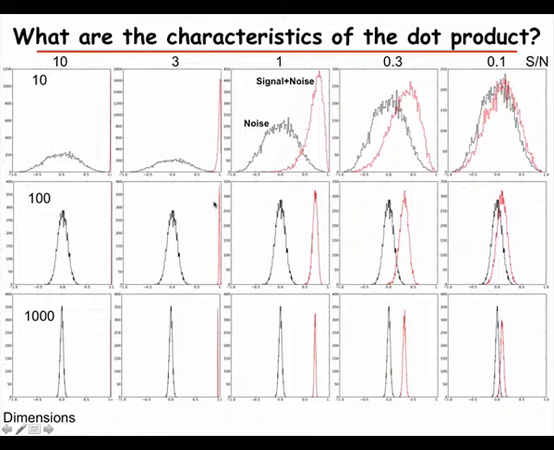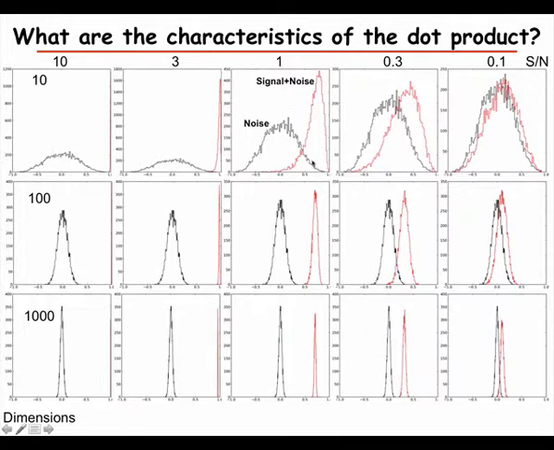But what happens when we have 10 peaks? Then we have, first of all, a very wide distribution for the noise. And as we decrease the signal, we see that the red peak here gets really wide also, very fast, and it also slowly moves down.